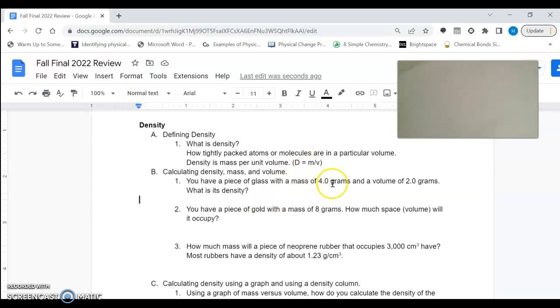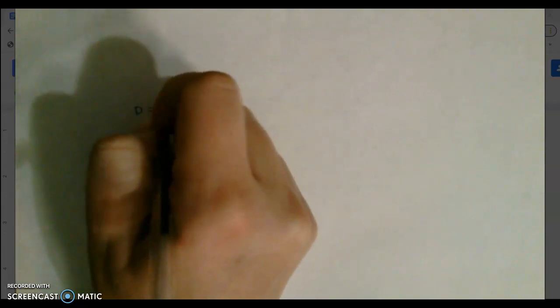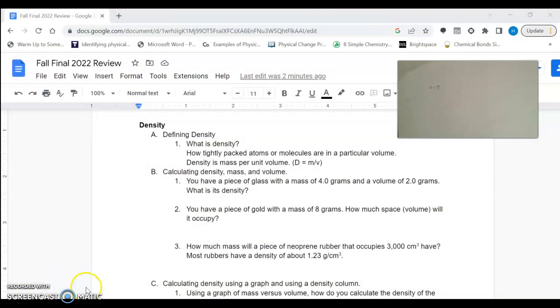Great, calculating this, we're going to have 4.0 grams and a volume of 2.0 milliliters. So let's go over onto the paper and check this out real quick. All right, so we know that density is mass divided by volume. If we look at our problem, it tells us that we have a mass of 4 grams and a volume of 2 milliliters. Always fun to find those typos.